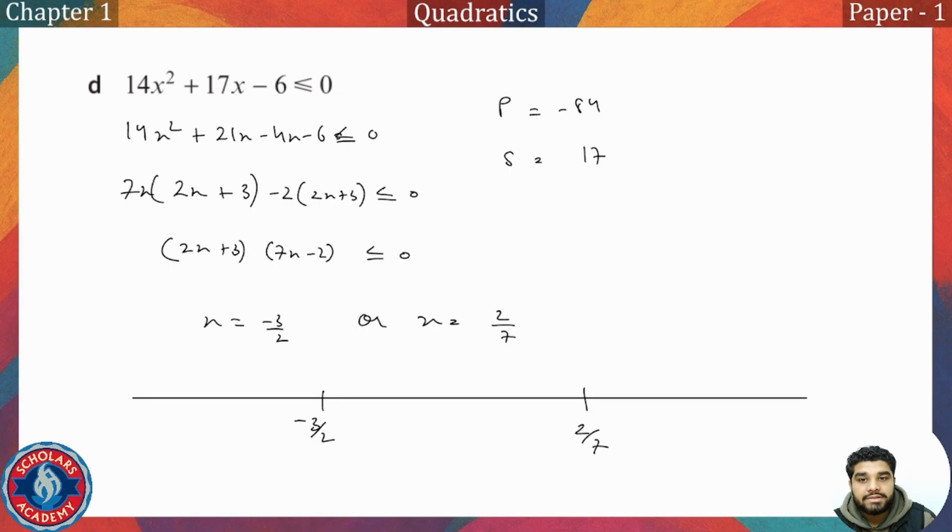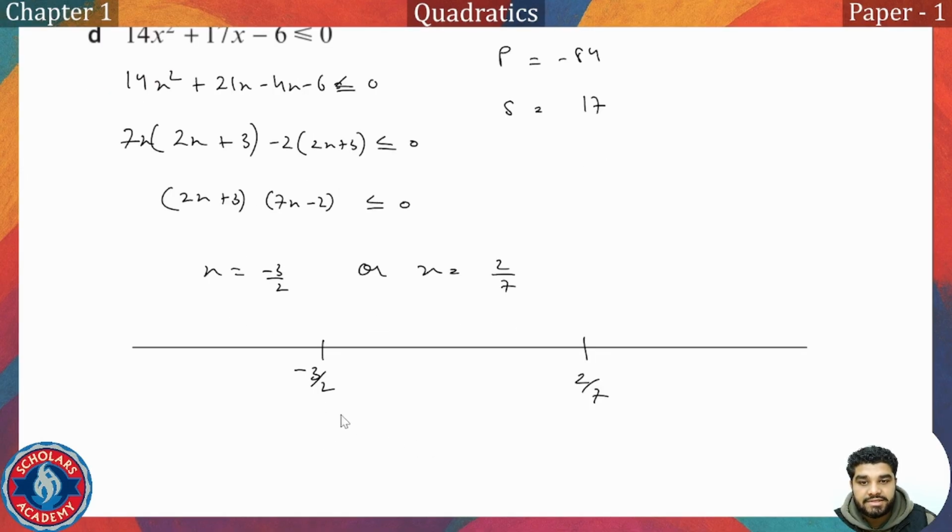What we want is the value of this quadratic expression, value of y, should be less than or equal to 0. So if I substitute values from these intervals, for the first one, -3/2 is -1.5, so I can take -2. So if I substitute x is equal to -2, what I get is 2 times -2 plus 3 and 7 times -2 minus 2.